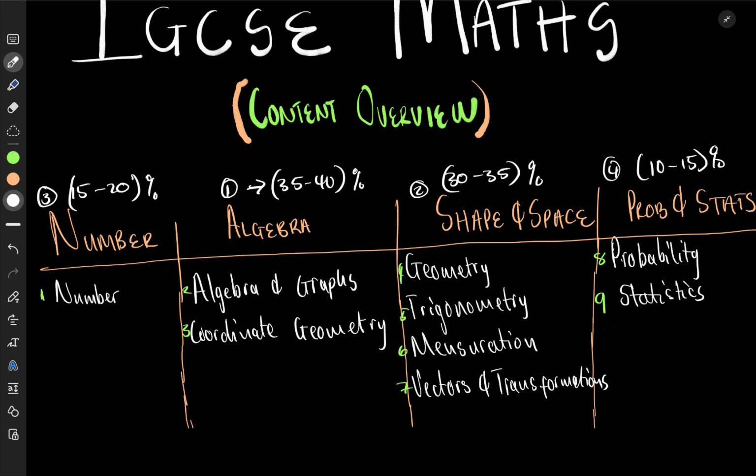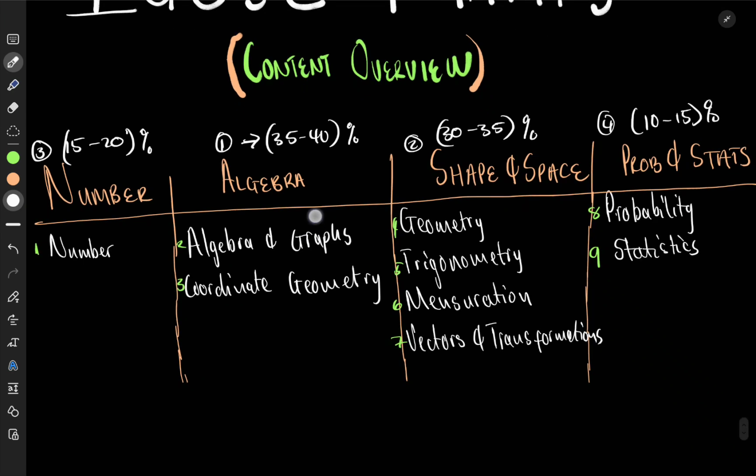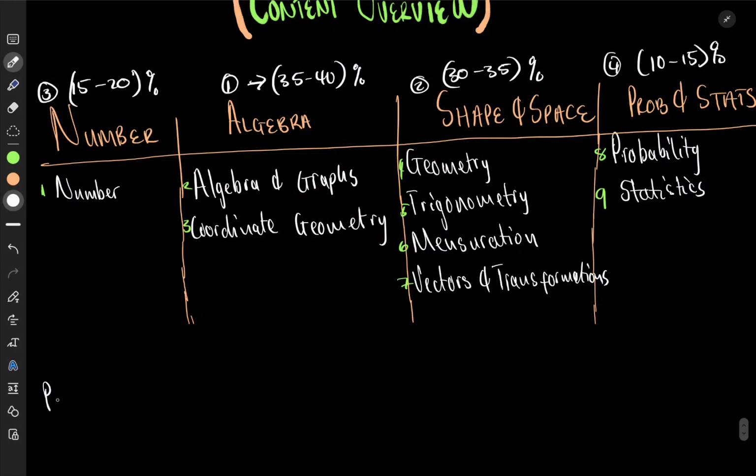When you write your papers, you are going to write 2 papers: paper 2 and paper 4. You are only going to write these 2 papers, and these are the ones that will be carrying all this percent. In paper 2, this is going to be a 1 hour, 30-minute exam.